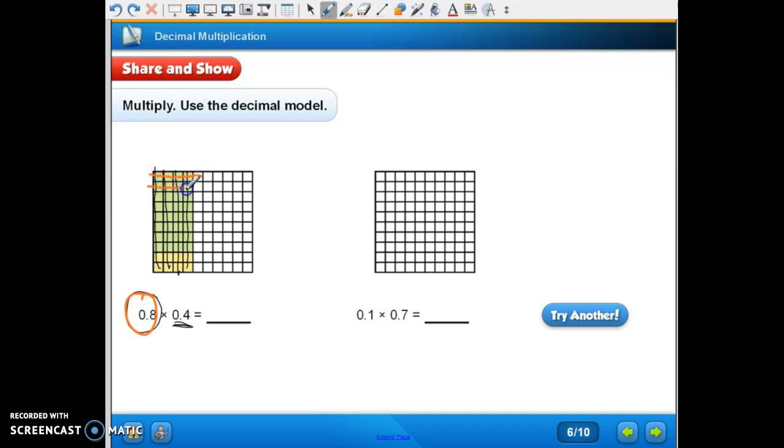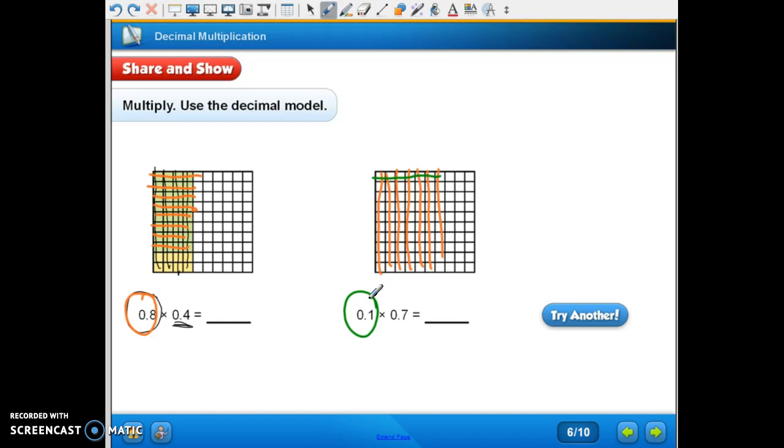So we're going to shade across this 8 times. The second number, this 7, is what we're going to shade up and down. And the first number in the equation is what we're going to shade across.